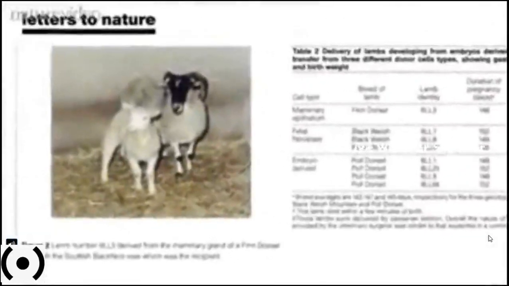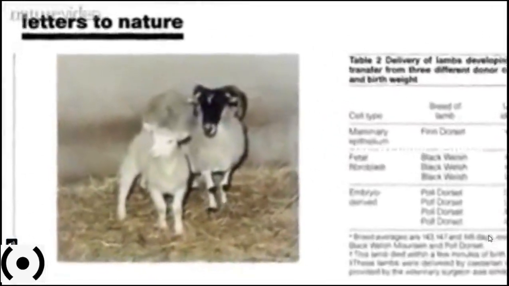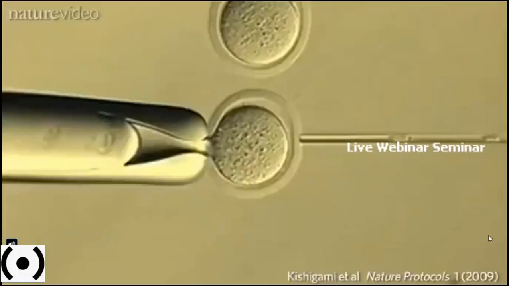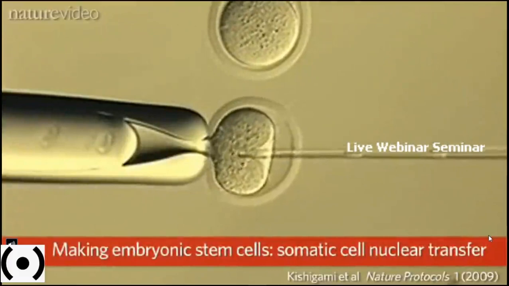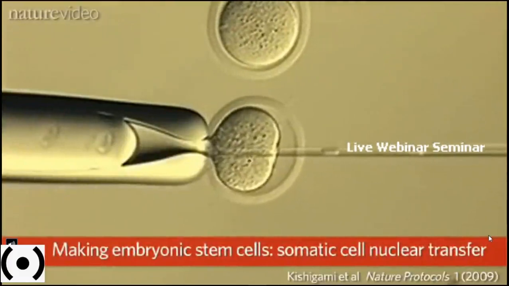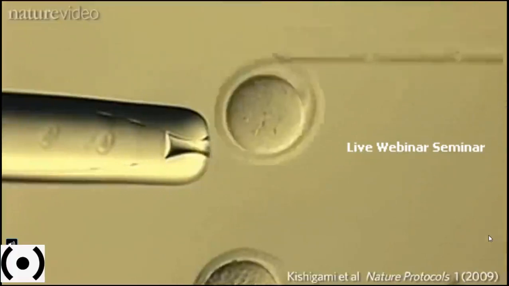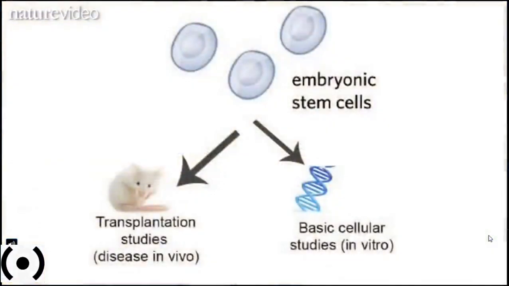Inactive parts of the genome were reawakened and directed the development of a whole new animal. Dolly's birth launched a race not to clone people, but to find a way to make human embryonic stem cells from a specific individual. Embryonic stem cells can make any sort of body tissue, so this promised to provide tailor-made human cells for research and transplantation.